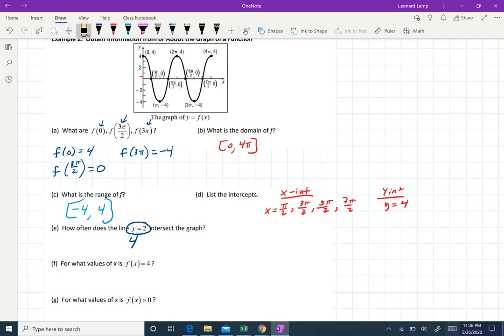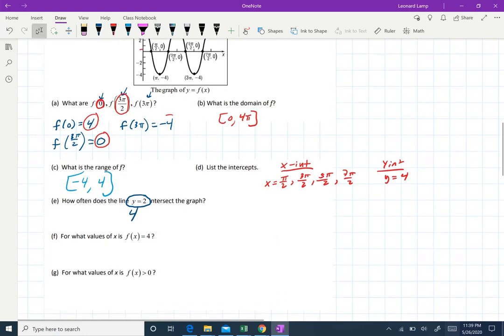Part A, just as a refresher, is saying, when I give you the x value of 0, what's my y value? And so you said 4. When I give you the x value of 3 pi over 2, what's my y value? And we got 0, right? So on and so forth. This question is saying, for what values of x is f of x equal to 4?